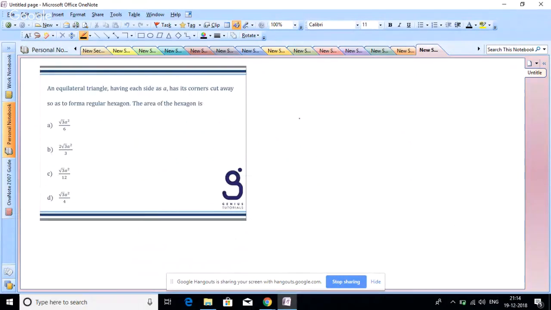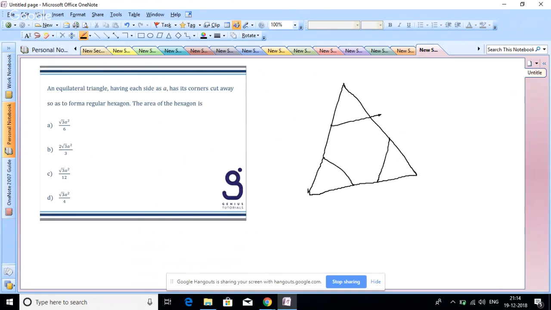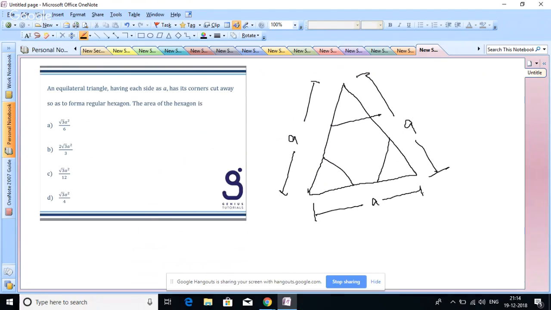An equilateral triangle having each side A has its corners cut away so as to form a regular hexagon. So this is an equilateral triangle, and the corners are cut to form a regular hexagon, and this complete length is A. If I cut an equilateral triangle from each corner, its side would be A by 3, A by 3, and A by 3.